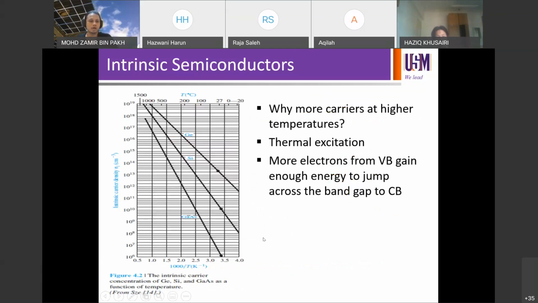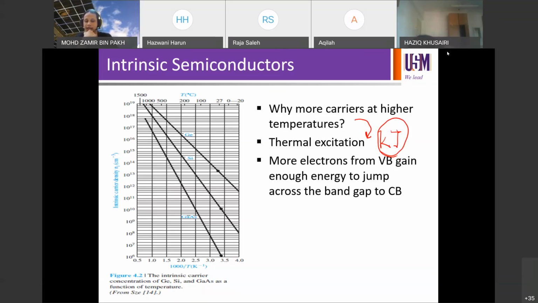Okay, why more carriers at higher temperatures? We have discussed this before: thermal excitation. You can also say this in the form of KT. You have seen in the calculation just now, when you change your KT from 0.0259 to 0.082 electron volt, when you increase your temperature from 300 Kelvin to 950, it's due to additional energy that can break the original bond.